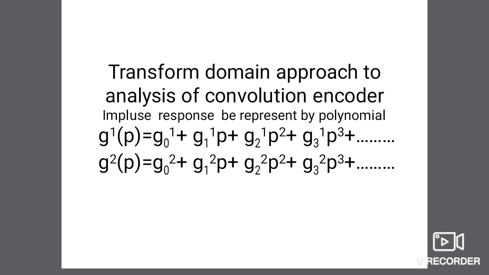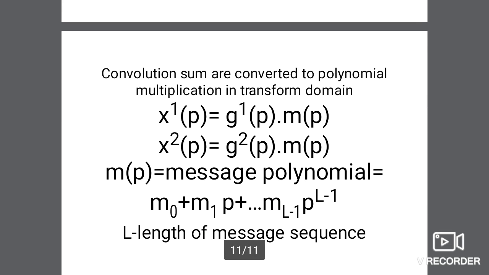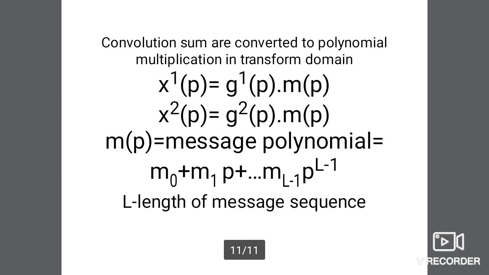The variable p is the unit delay operator in the above equation, and the convolution sums are converted to polynomial multiplication.